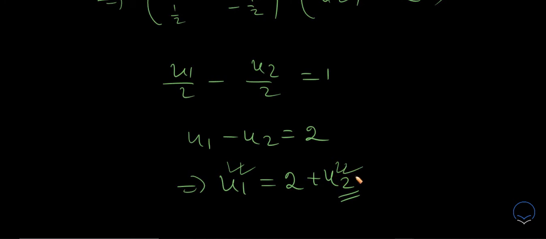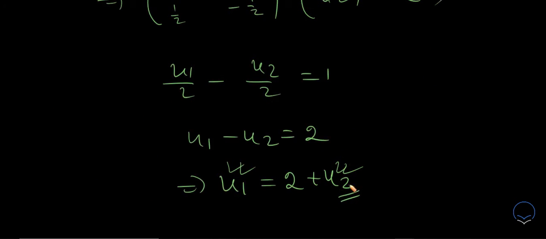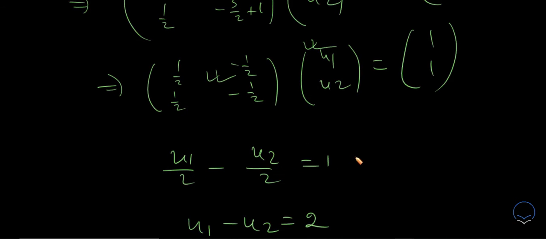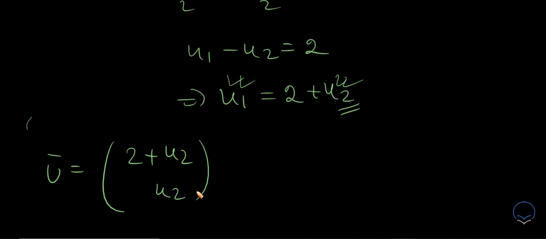So for simplicity, since we only want one u vector, because for many choices of u2 there can be many u1 and there can be in total many u vectors, right? Because if you write the u bar, this will just be (2 plus u2, u2), like this.